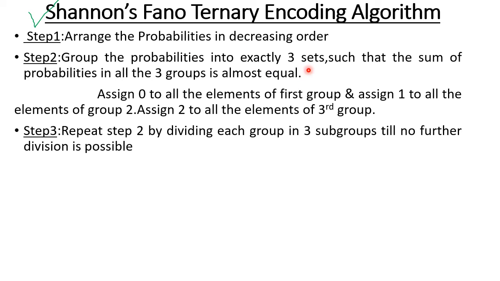So group the probabilities into 3 sets such that sum of the probabilities in all 3 groups is approximately equal. Assign 0 to the elements of first group. Assign 1 to all the elements of second group. Assign 2 to all the elements of third group. And repeat step 2 by dividing each group into 3 subgroups till no further division is possible.